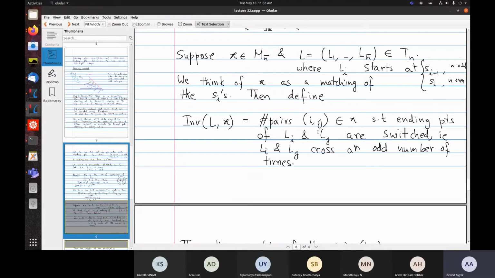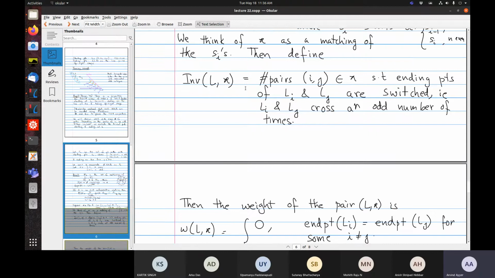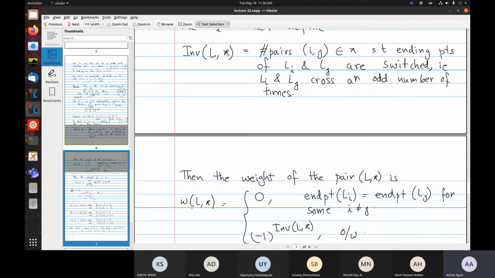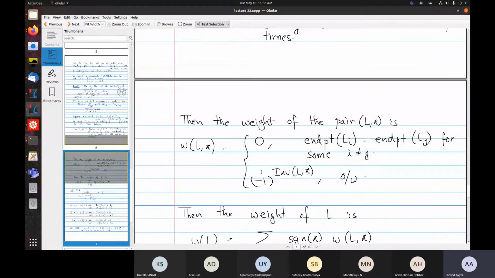So it's just like an inversion number of a permutation, but we only focus on pairs ij in pi. So there are exactly n bar by 2 such pairs, and we only care about them. And the weight of such a family of NILPs and this matching is 0 if any two endpoints are equal, and is otherwise minus 1 to the number of inversions.